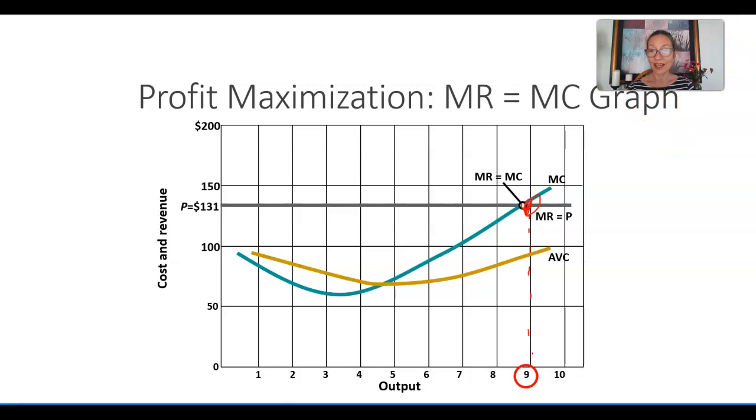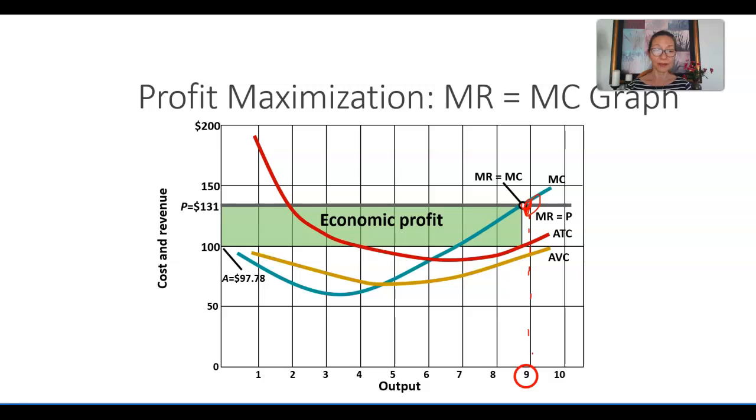So you can see at units previous to 9, our marginal revenue is higher than our marginal cost. So we're going to continue to produce up until this point. If we produce unit number 10, well, our costs are going to be higher than the revenue, and then we are no longer going to produce at that level. And that becomes our profit.